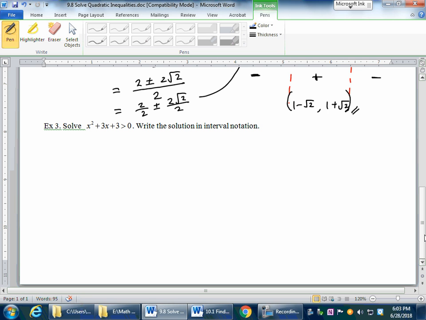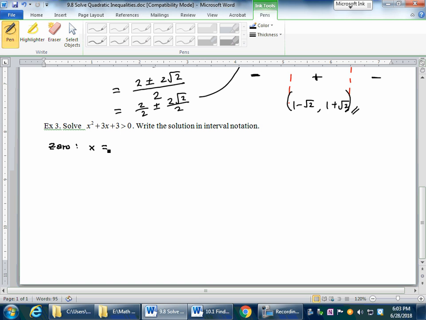Next, solving this equation. And from here, I can see that it is not factorable. So therefore, like before, I'm going to have to find my 0 by using the quadratic formula.